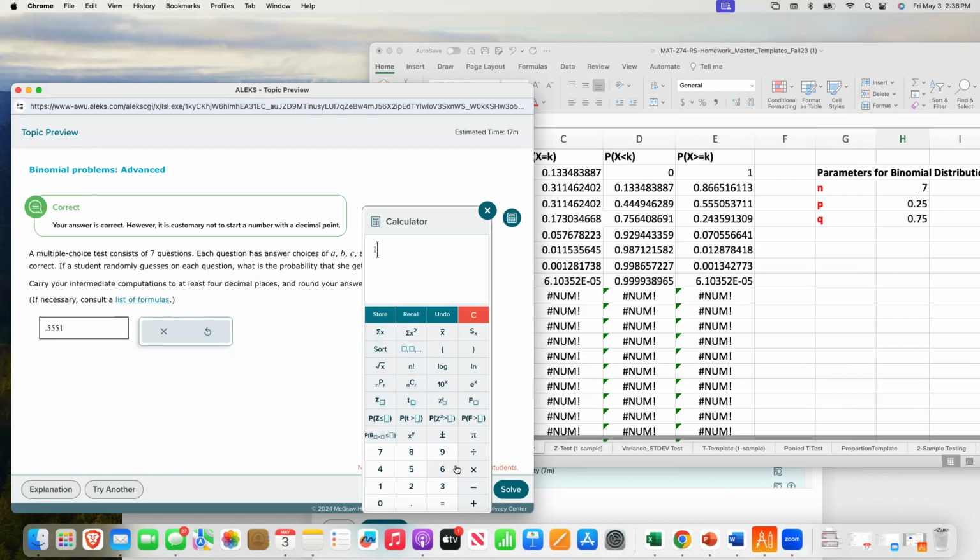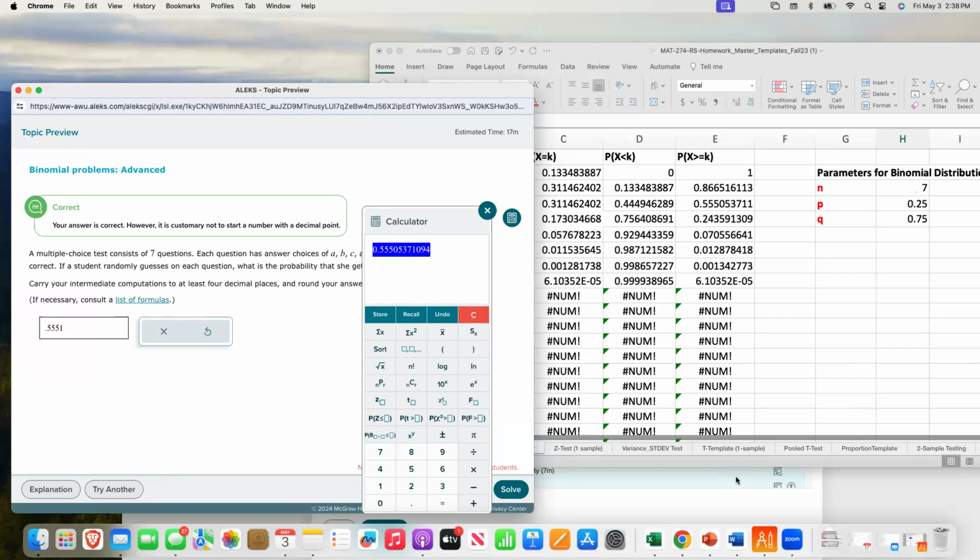So let me type in 1, and then subtract the probability of it being less than or equal to 1. I'll put a 7 in here, put in my 0.25, and put in a 1. This is one of those things I'm showing you why you probably don't want to do it this way. So there's your 0.5551.